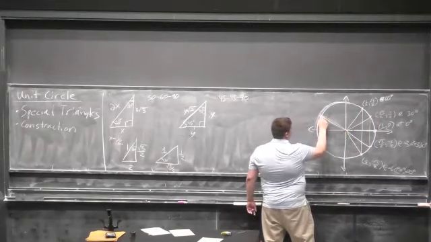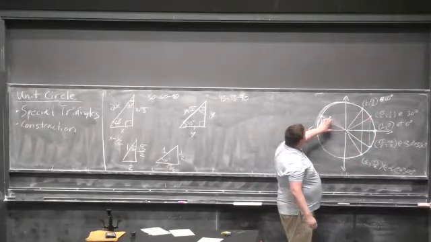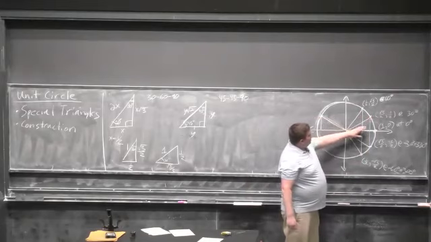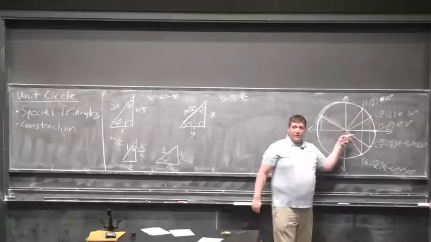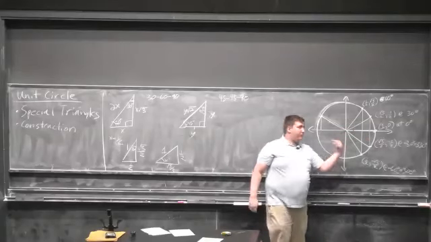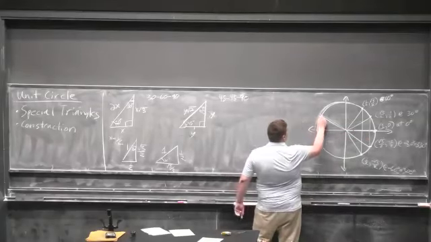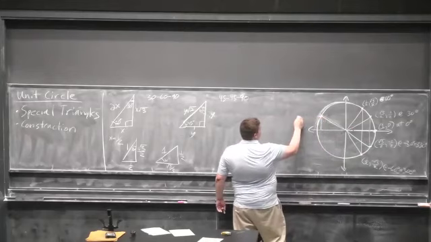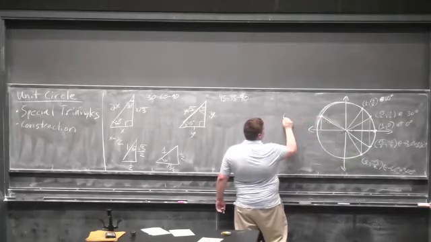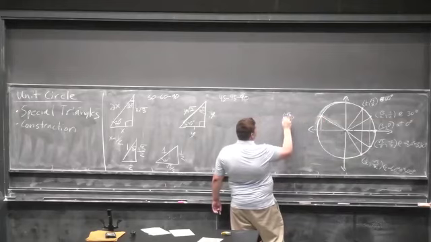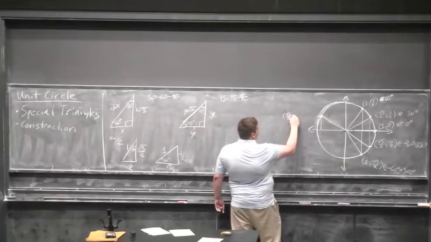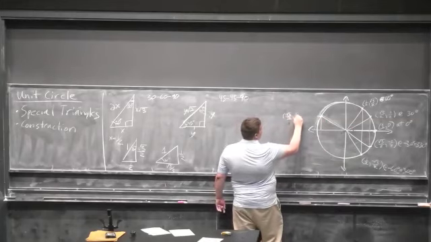And so now I still have the same height of 1/2. However, my distance here from the origin in the x direction is now negative. So I can think of this as negative square root 3 over 2, 1/2, that's the point.